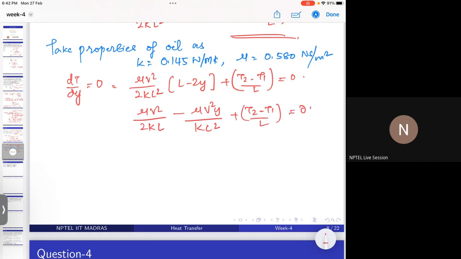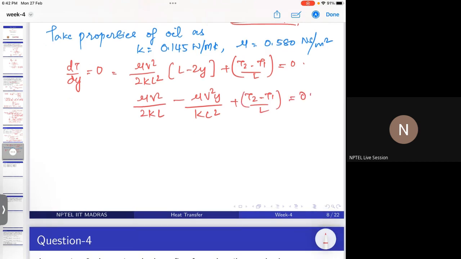If you rearrange this and take y, you will get y is equal to, some rearrangement is required, L times (1 by 2 plus K (T2 minus T1) divided by mu V square). Are you getting up to this?